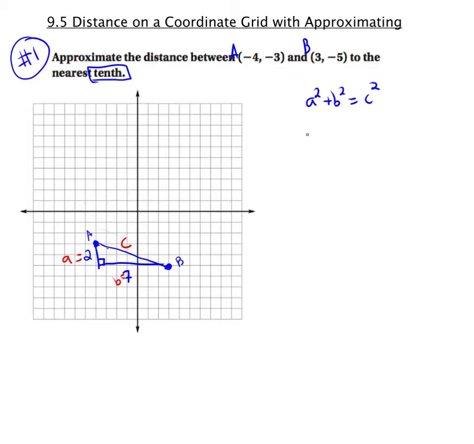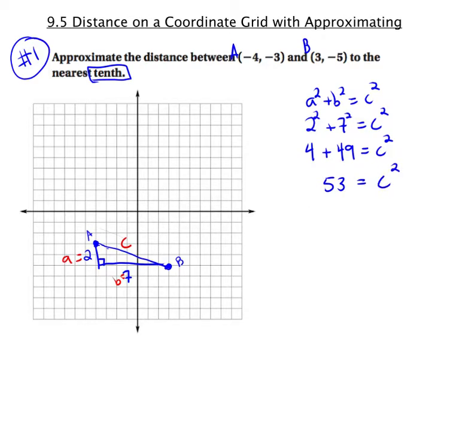Now I substitute, as number 2. So 2 squared plus 7 squared equals c squared. Now I solve. That would be 4 plus 49 equals c squared, and that would be 53 equals c squared.